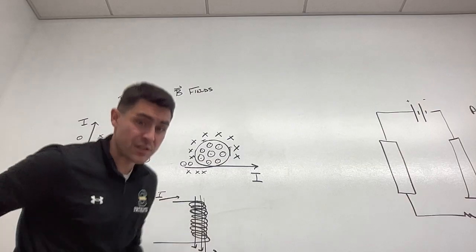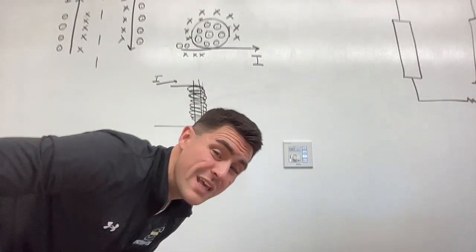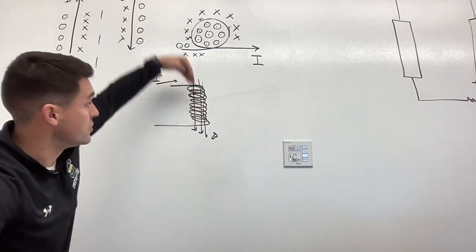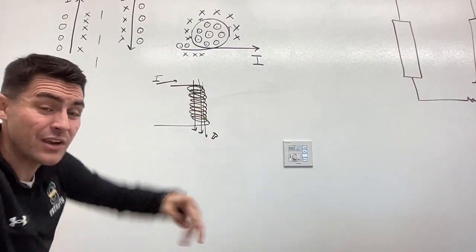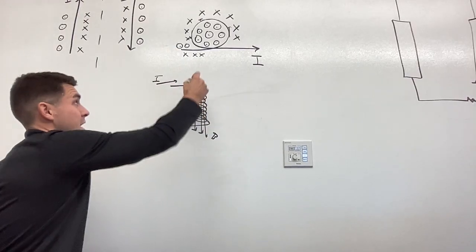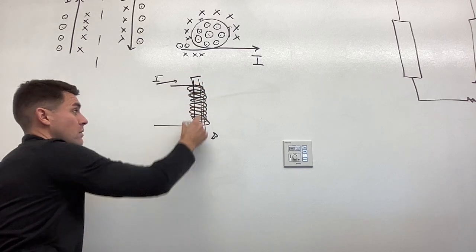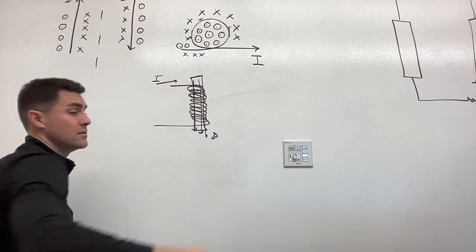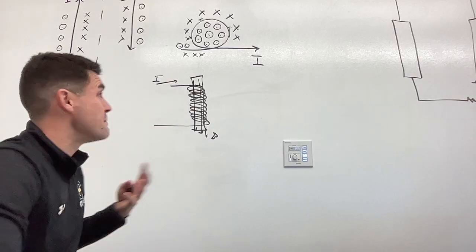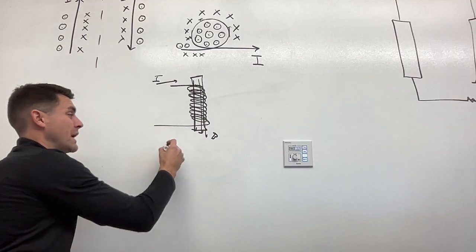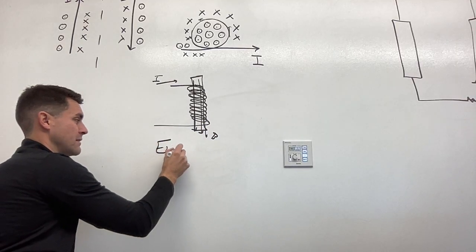That's pretty interesting because I'm basically producing a magnet inside here. And if we take an iron core, something made of iron, because irons have magnetic domains, what I have just made is known as an electromagnet.